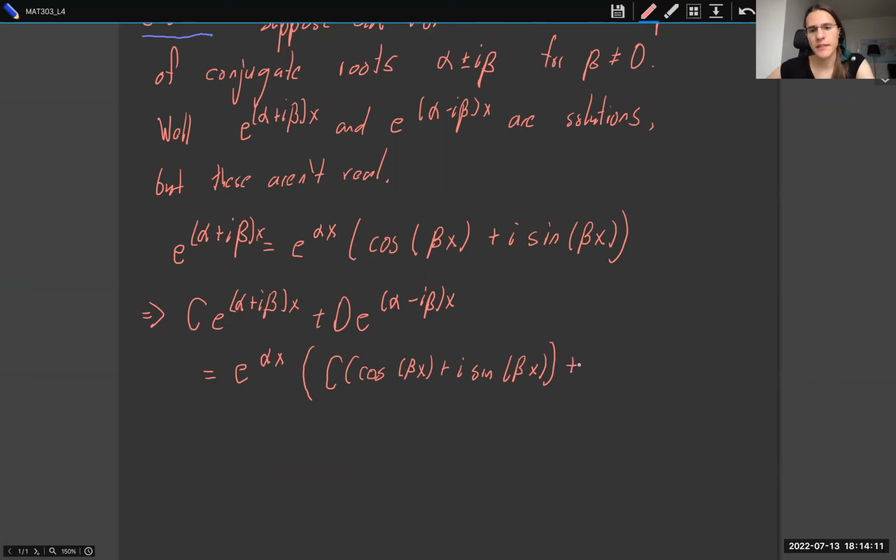And then you'd have the cosine, because now we have the minus sign, and cosine of negative beta, I'll write it as minus beta x for the moment, and then plus i sine of minus beta x.